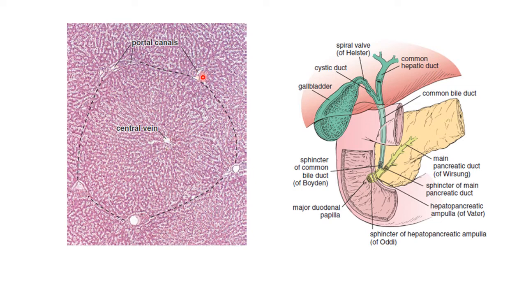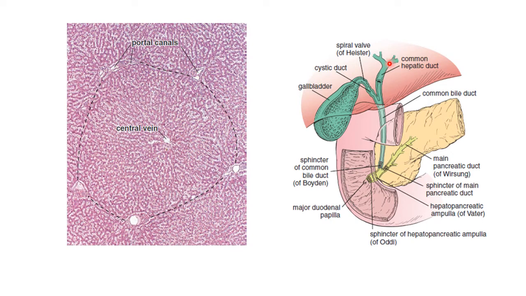The portal area, as you know, is formed from a branch of portal vein, a branch of hepatic artery, and bile duct. Bile ducts merge together, forming the right and left hepatic ducts, and we can see this clearly in anatomy.